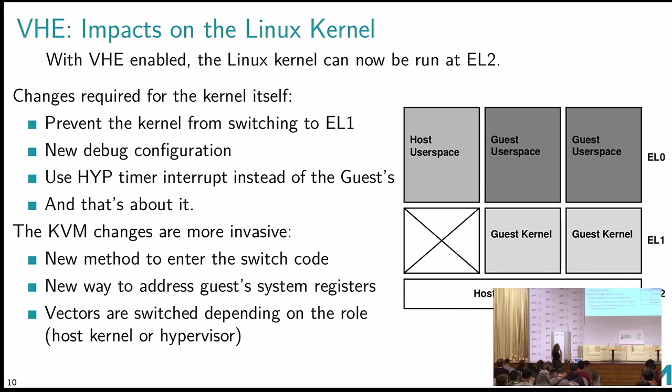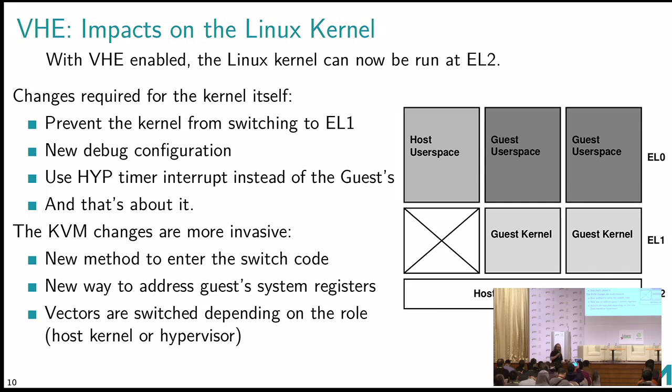For KVM itself, it's much more invasive. We have a new way to enter the switch code, and a new way to address guest system registers, as we've seen. Also, a small consequence is that we now have to switch the vectors depending on the role we're playing, either as a host or as a hypervisor.